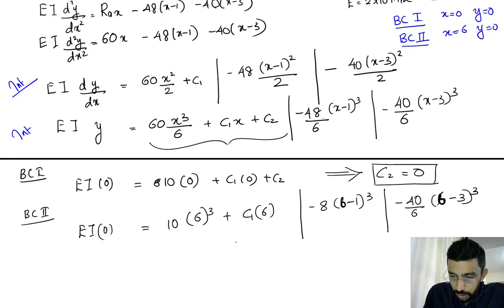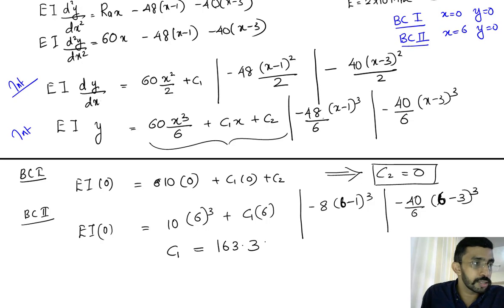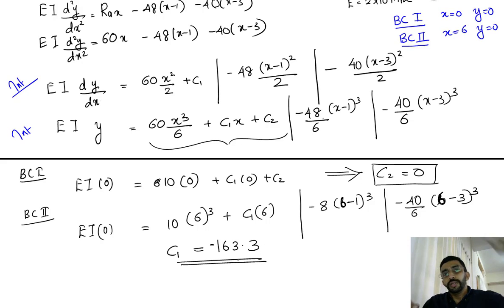So here we can say that the value of C1 is going to be obtained as 163.3, a negative sign is also there. This is the value of C1, right? I don't know whether you have noticed it or not, we haven't converted the kilonewton into newtons, or the length meter into mm.